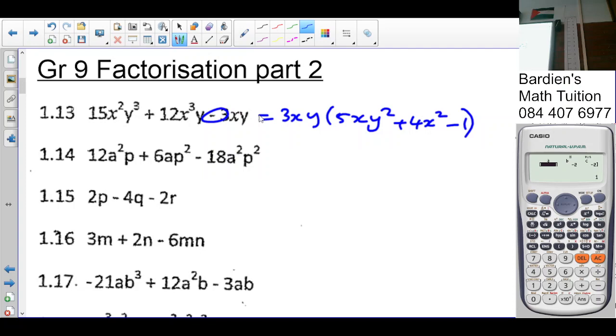Without the 3 you would have been left with 15xy squared plus 12x squared minus 3. But what do you notice there? 3 is still common, so you have to take it out. You must remember the instruction is always to factorize completely. So you must take out the highest common factor.